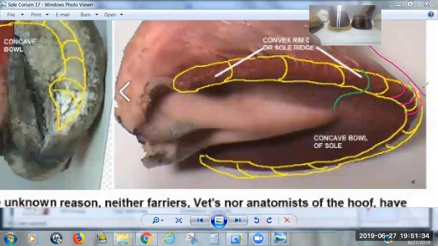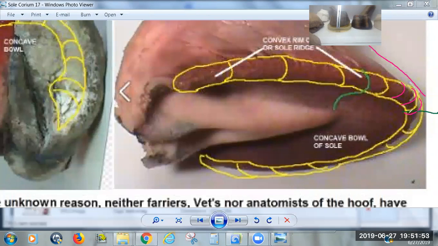But when the toe gets too long, instead of having form-fitting here, the toe stretches out and you have this. And then the edge of the bone is sitting on a flat surface.